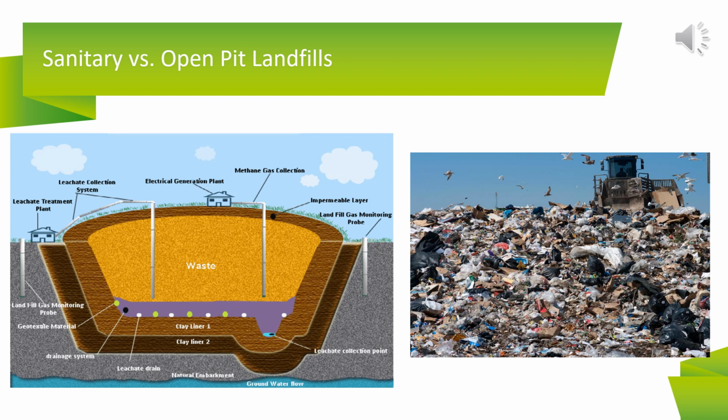Some of it may decompose and produce methane. Some of it may contain chemicals that leach into the groundwater and make people sick. It may contain e-waste, electronic waste, which has cadmium and all of these different electronic components in it that can be detrimental. So it's open pit landfill, typically done mostly in developing and undeveloped countries.